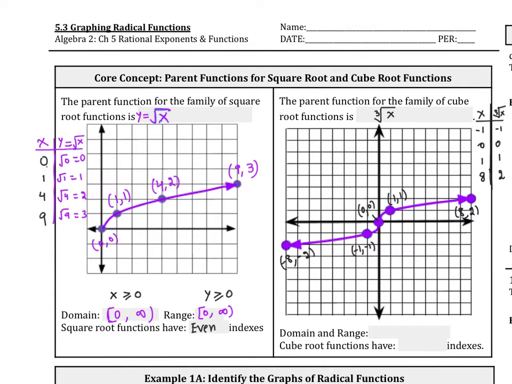This cube root function is a symmetrical figure, so the part above the x-axis is the same way, and the bottom is also the same way. This arrow shows that it is going to go in this direction, left and down forever.